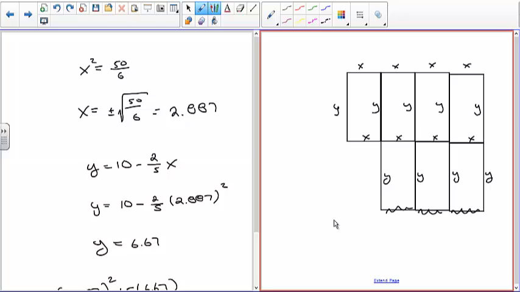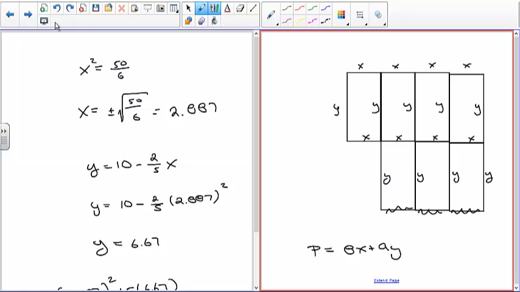So these are the perimeters. If we add all these things together, the perimeter, which is given as 1,500 feet, is going to be 8x plus 9y. So 4, 8, and then you get 1, 2, 3, 4, 5, 6, 7, 8, 9.